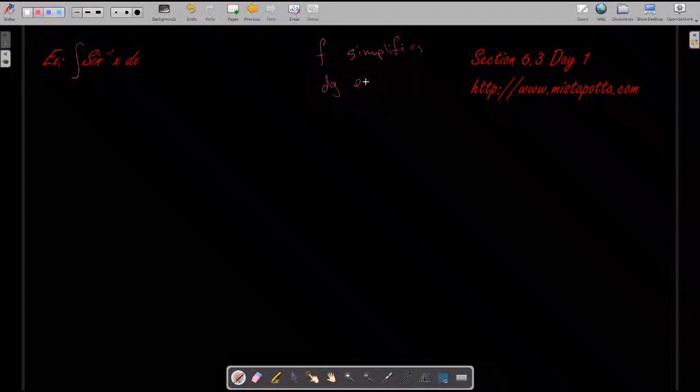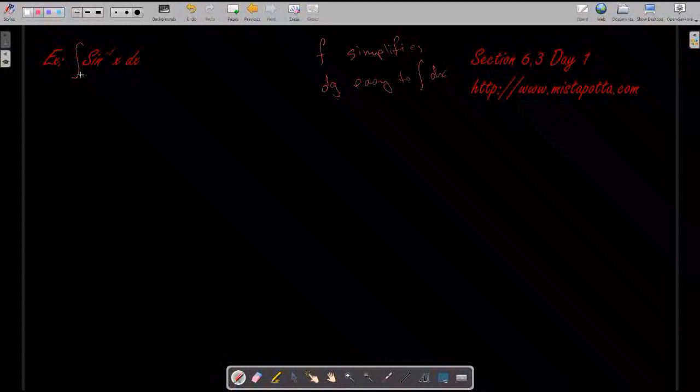So looking at this, sine inverse x is not something that I can integrate. As a matter of fact, that's the problem that we're doing. But it does simplify when I take the derivative, because it becomes a rational function.